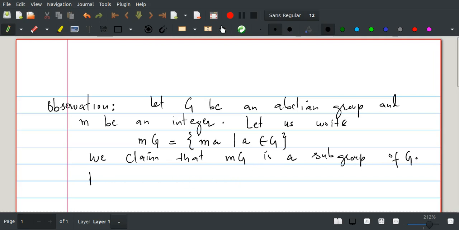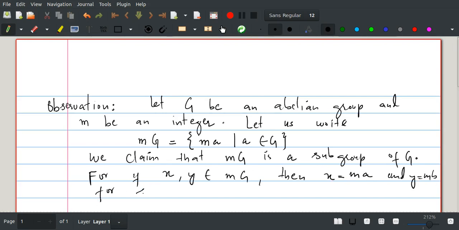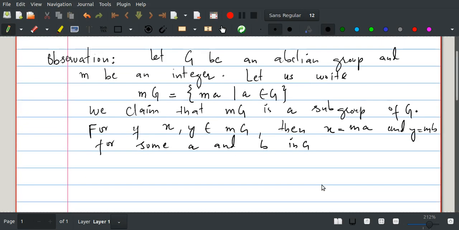For if we consider two elements, say X and Y in MG, then this X is M times A and Y is M times B for some A and B in G. Now if we prove that X minus Y is in MG, then indeed MG is a subgroup of G.